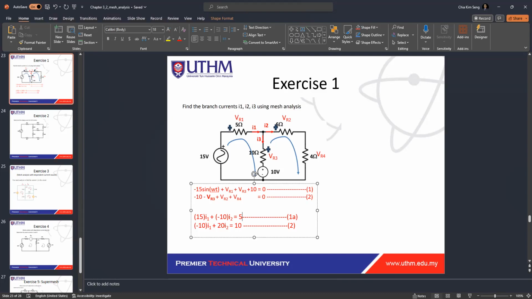So we're going to get I1 answer equal to 1 ampere. Wow. And I2, let me click again on the calculator, also 1 ampere. So using the calculator, you're going to get 1 ampere for both of them. I think the answer should be correct. Okay, hopefully you get the same answer for our exercise 1.